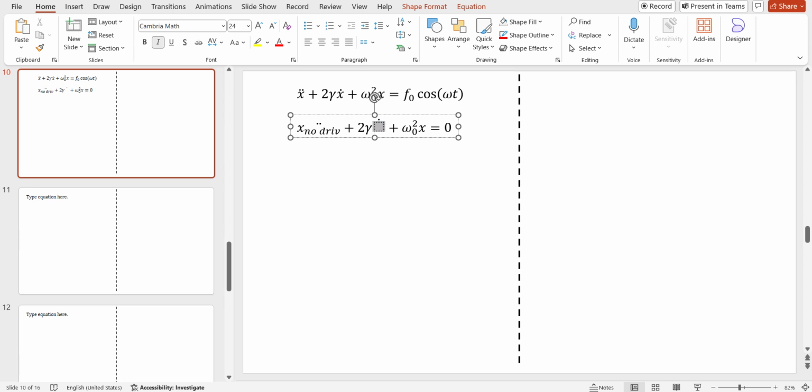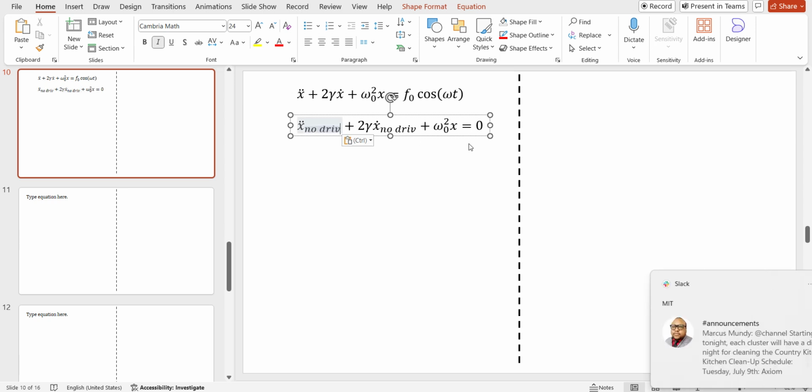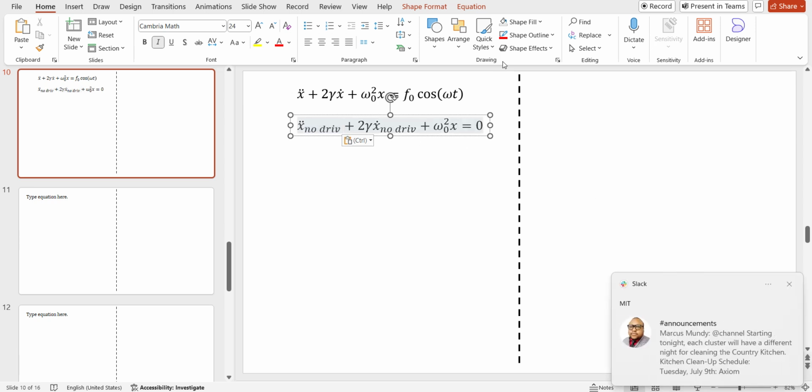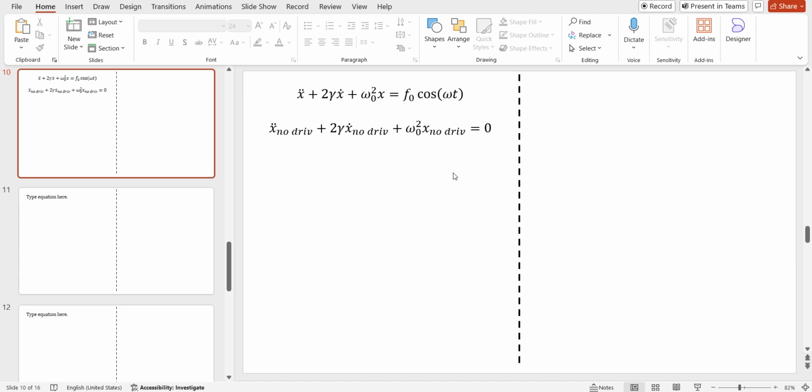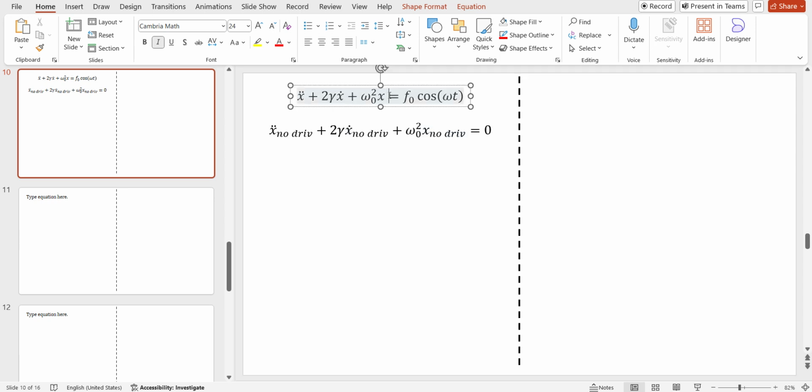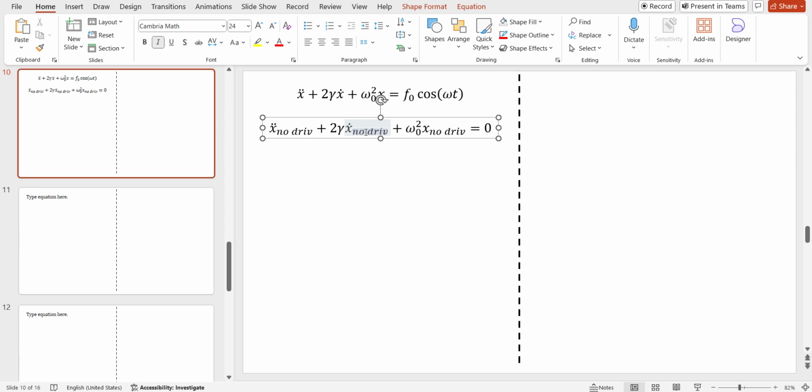Hi Marcus. He always shows up for class, doesn't he? So this is x no drive of t, a function of time, and it describes an undriven oscillator. It's a different problem from this one, and you can tell because the equation looks different. So it moves differently. Okay.